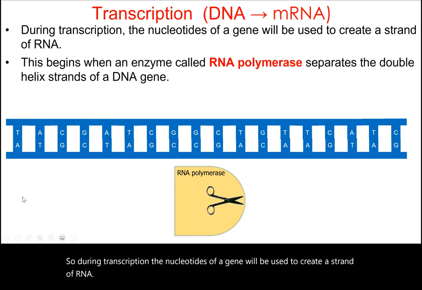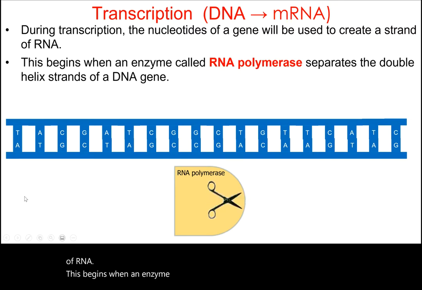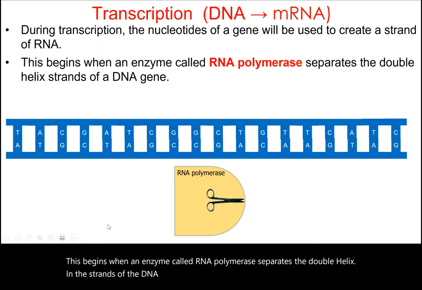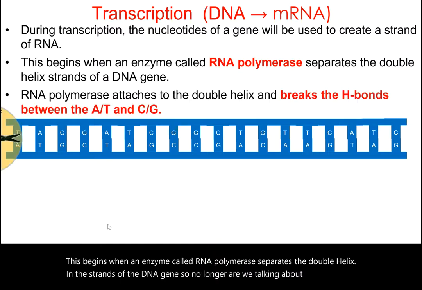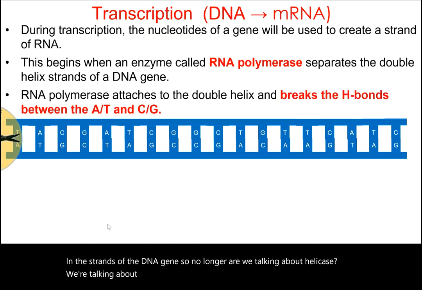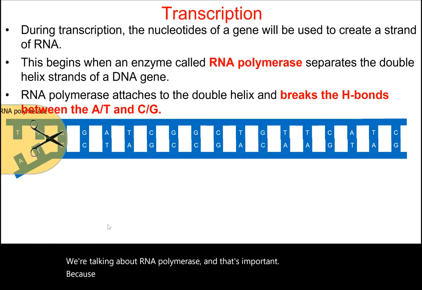This begins when an enzyme called RNA polymerase separates the double helix in the strands of the DNA gene. So no longer are we talking about helicase. We're talking about RNA polymerase. And that's important because RNA polymerase actually does more than one job.